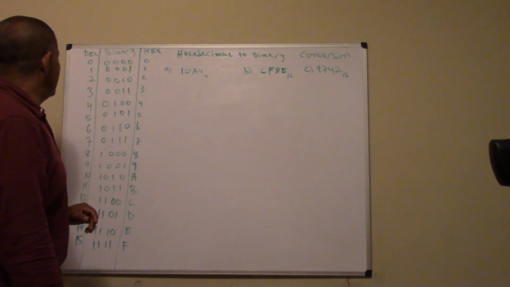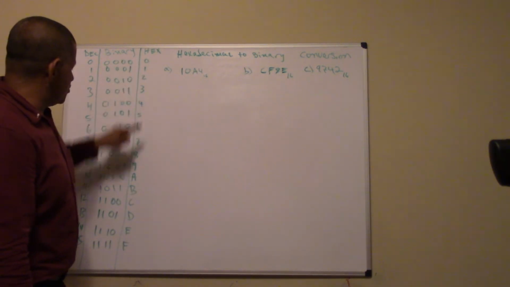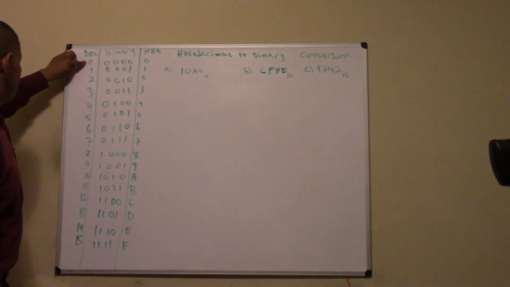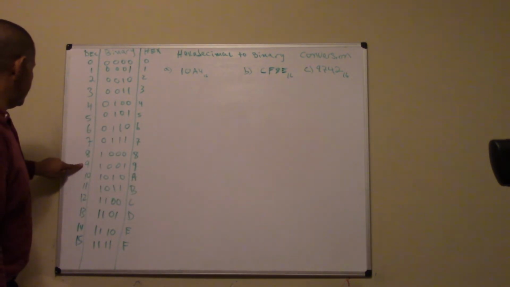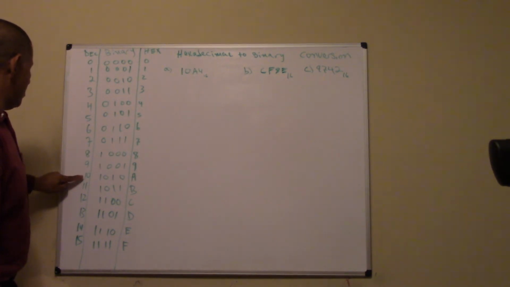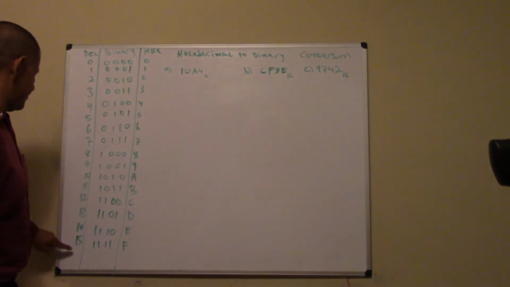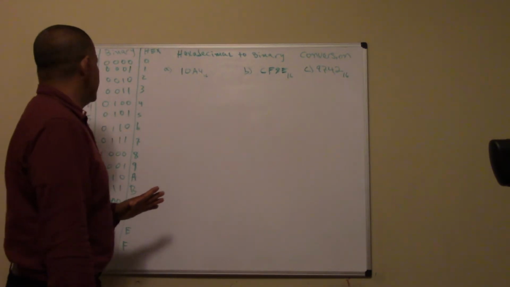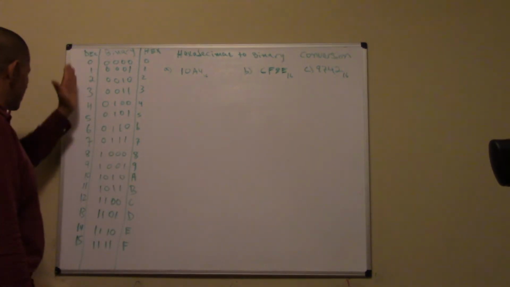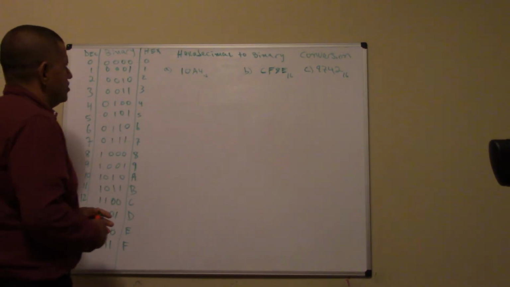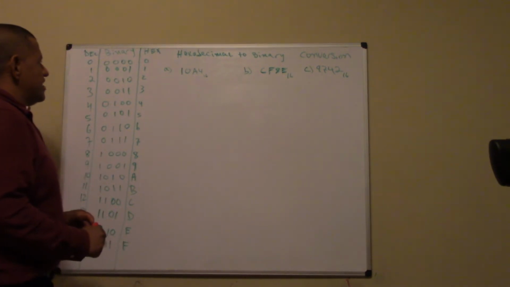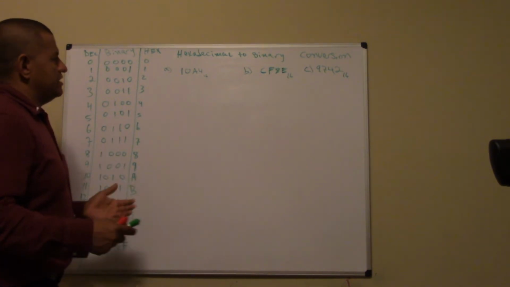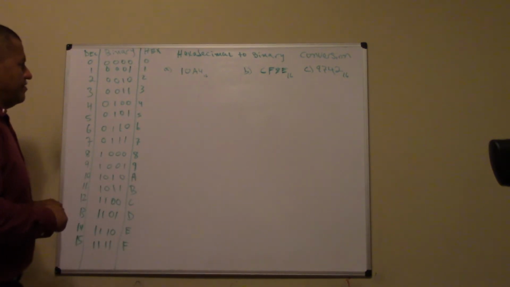Because if you look from 0 to 9 in hex, it's the same thing in decimal, right? The only ones that change are from 10 to 15, right? So that's why I need to make it look like the decimal number, so I can start working these problems out, right?